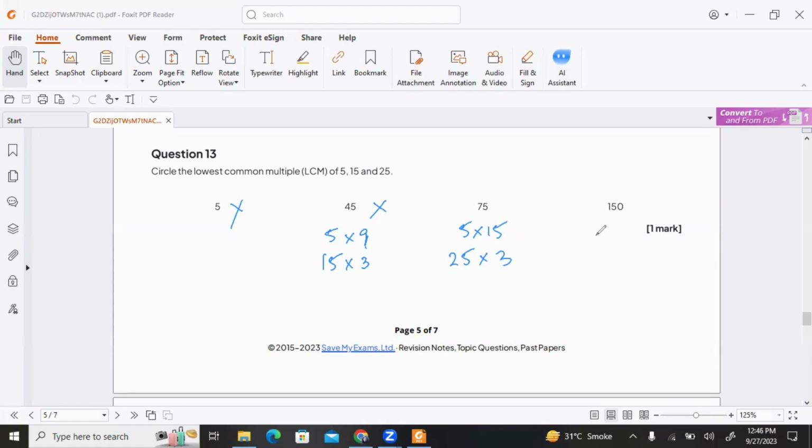For 150, we know 15 times 10, 5 times 30, and 25 times 6. So both these are multiples, but it says lowest common multiple, which means 75 is the answer, not 150.